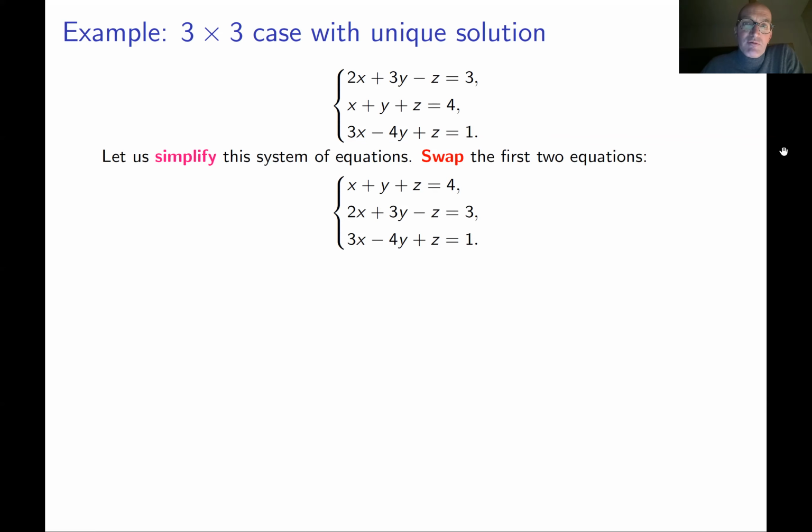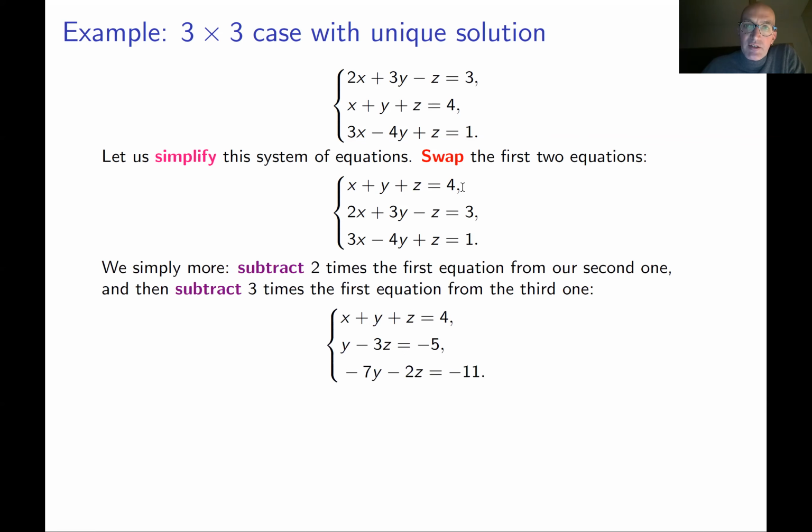First, we notice that the second equation is quite simple, so we can put it first. We swap the first equation and the second one, so we have this. Then we can use the first equation to simplify the third and the fourth.